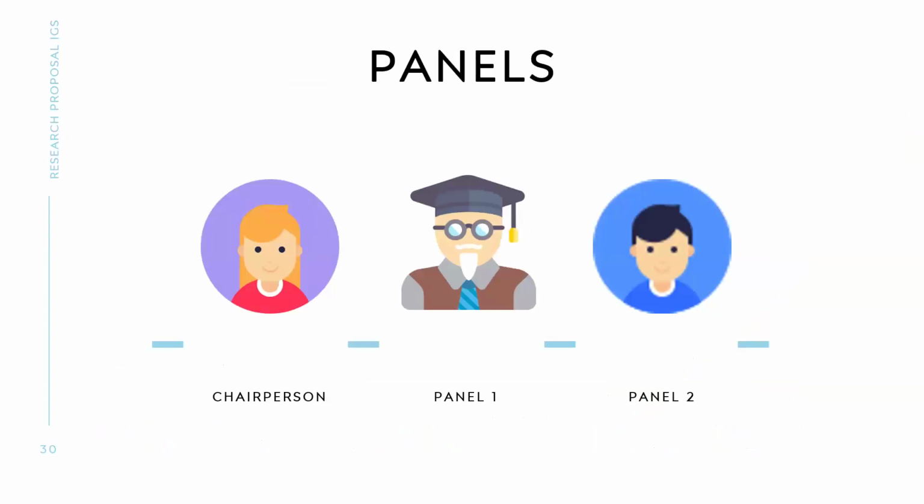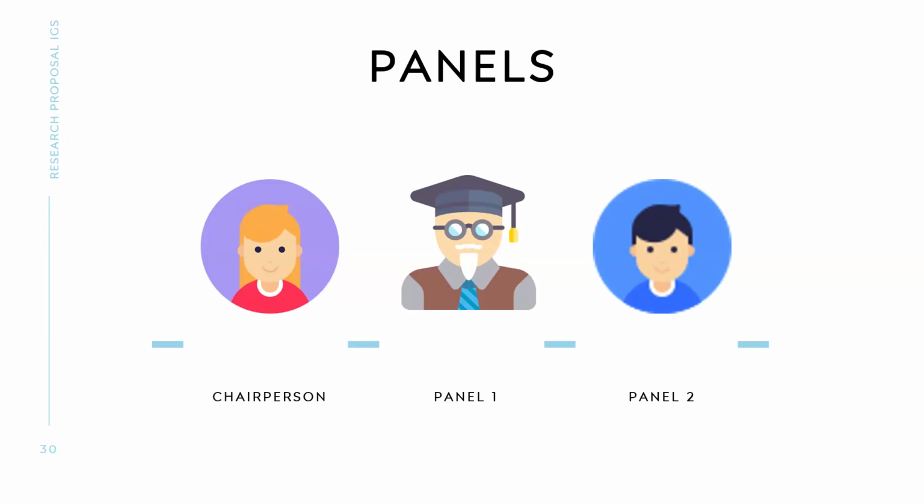So during the RP, we have 3 panels. One is the chairperson, and then there are 2 panels appointed or suggested by your supervisors. So you have to discuss this very carefully with your supervisors. Normally panel 1 and panel 2 are experts in your area.